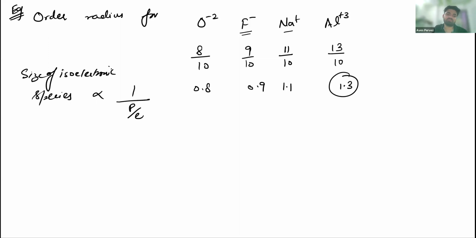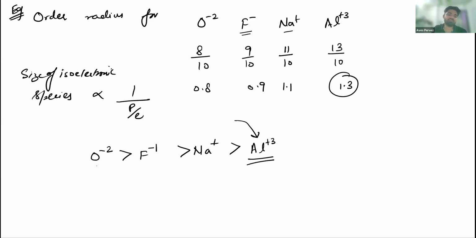Inversely proportional means if this value is more, the size will be lesser. So the greatest size will be O minus 2, then F minus, then Na positive, and finally Al3 positive. This will be the smallest size, because a greater number of protons are attracting a fixed number of electrons.